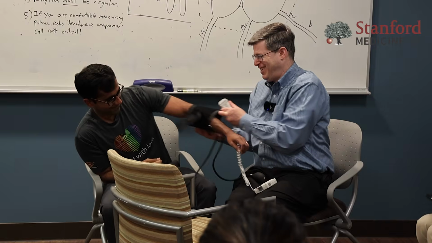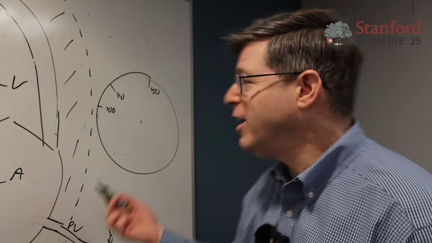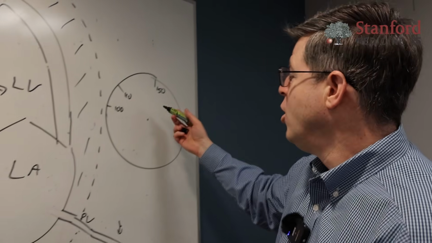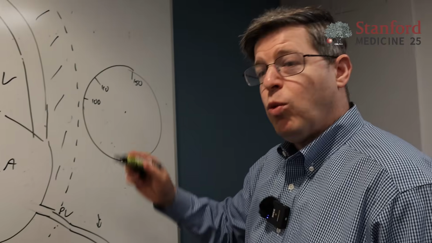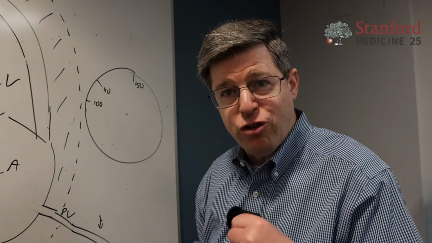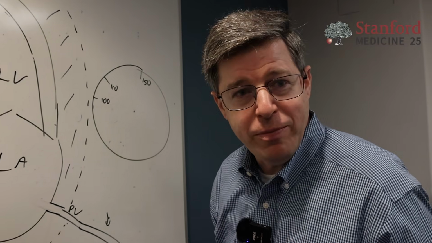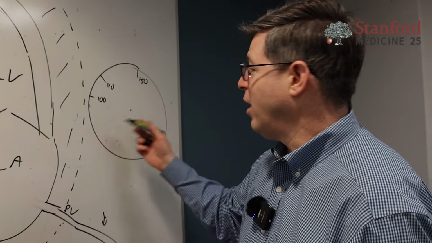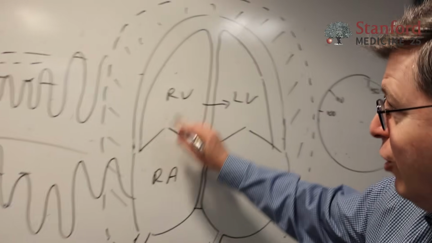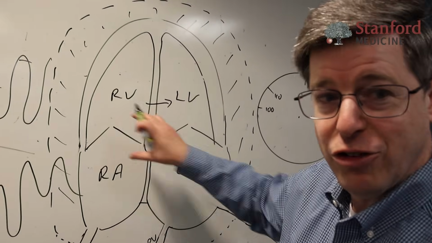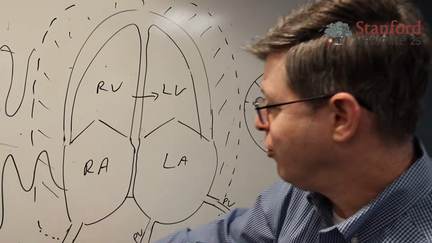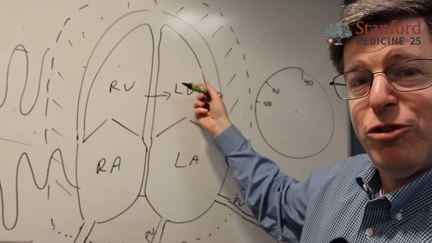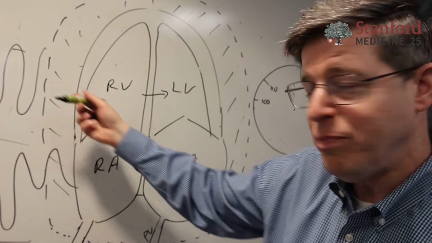All right. So for Sulaiman, when we were checking his pulsus, what we saw was that when he was doing the exaggerated exhalation, we are having less blood flow to the right side of the heart because he has positive intrathoracic pressure impeding flow, and therefore the septum is bowing in this direction.